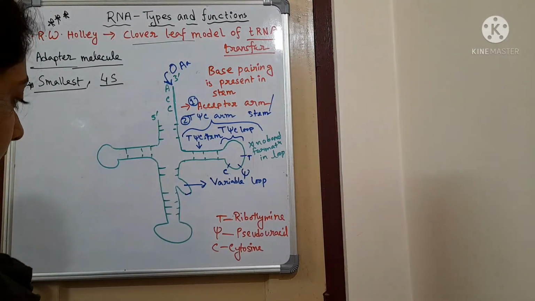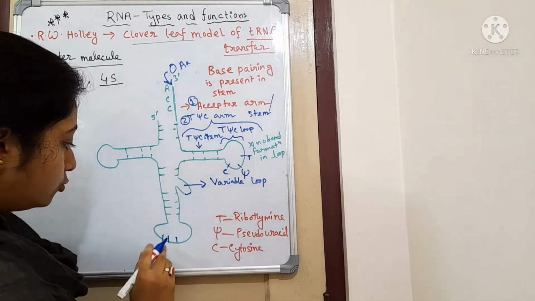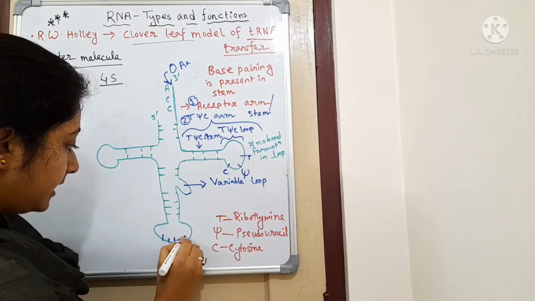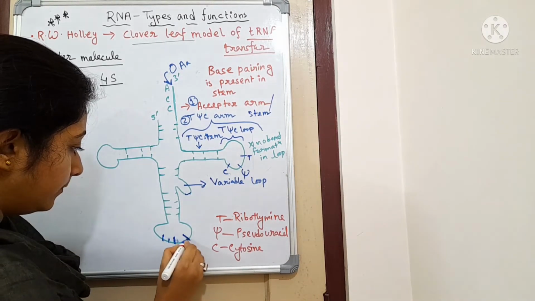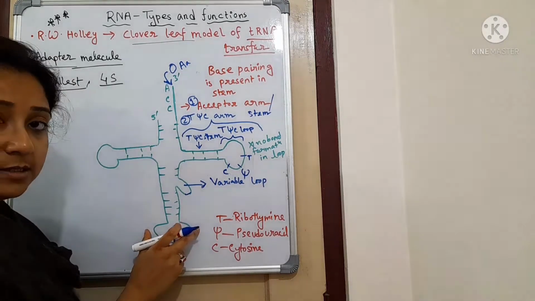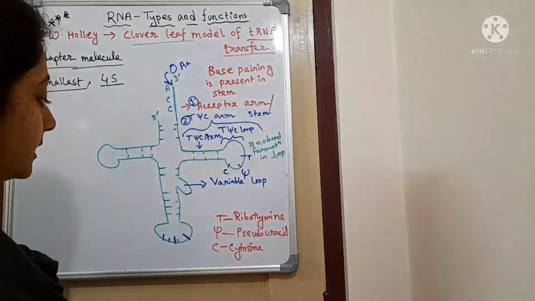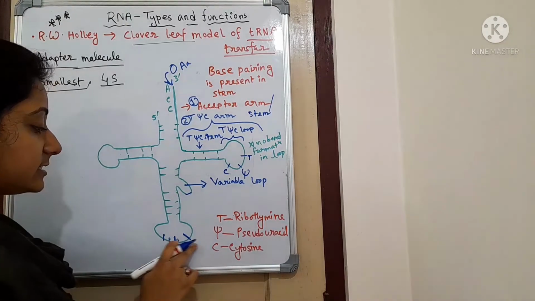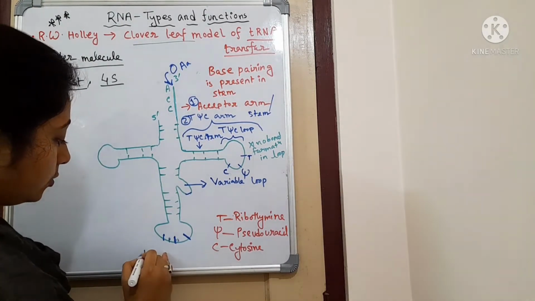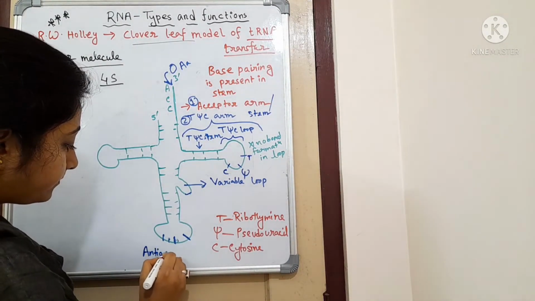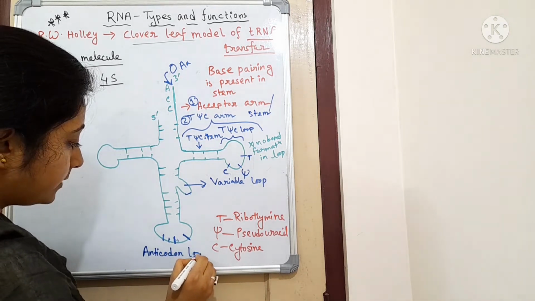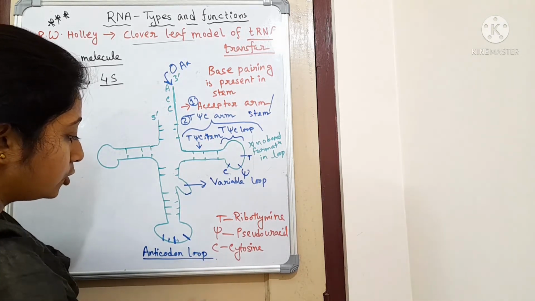Next comes the anticodon loop. 7 to 8 nitrogenous bases are present in this loop, which are not forming any base pairing. Among them, 3 bases are known as the anticodon. That is why this loop is considered the anticodon loop.